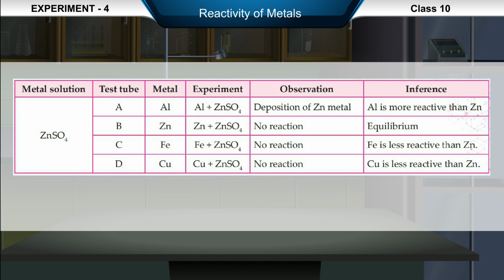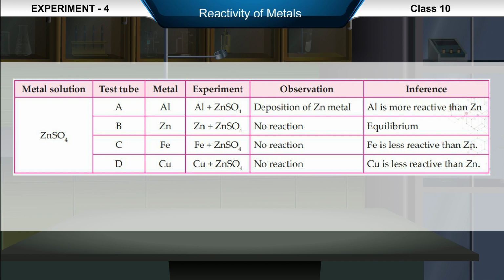Experiment: Zn plus ZnSO4. Observation: no reaction. Inference: equilibrium. Test tube C, metal iron. Experiment: Fe plus ZnSO4. Observation: no reaction. Inference: iron is less reactive than zinc.